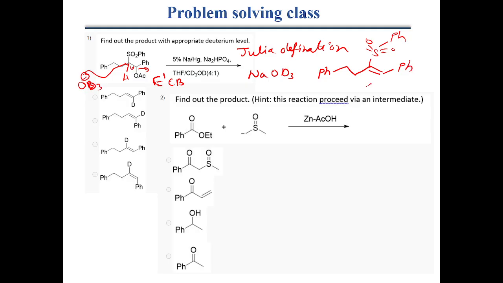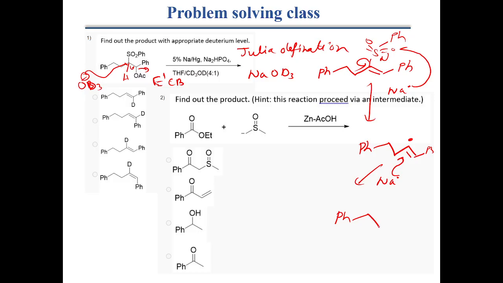Now, in the presence of sodium, it will transfer a single electron, so this radical will form. This radical, after reaction with another sodium, forms this anion.